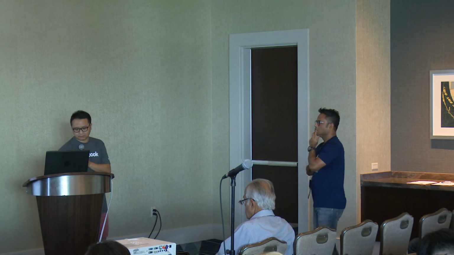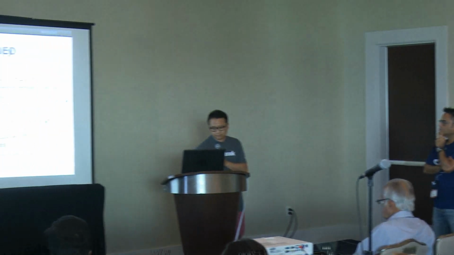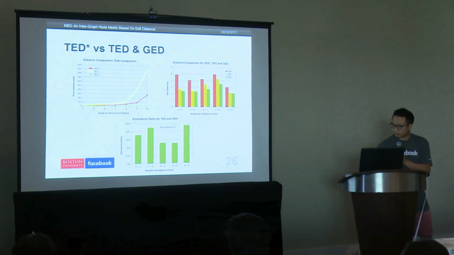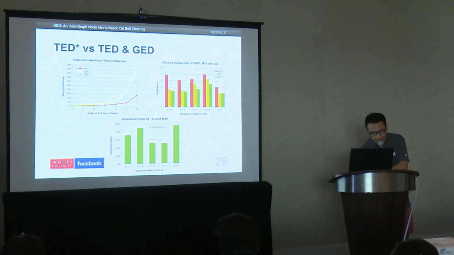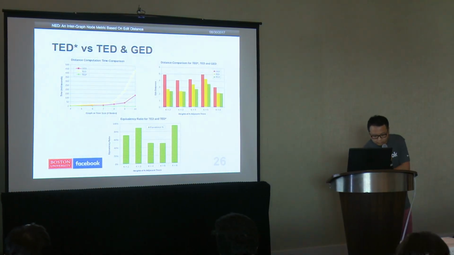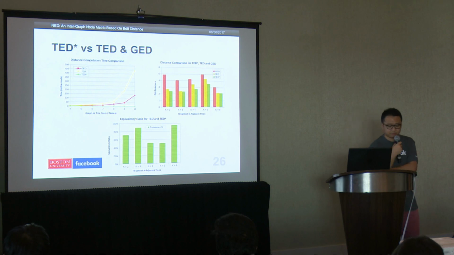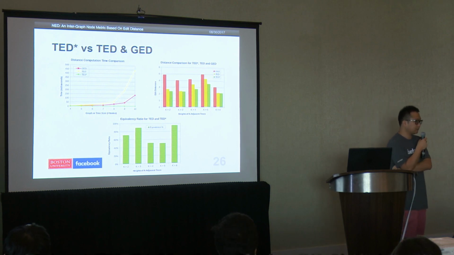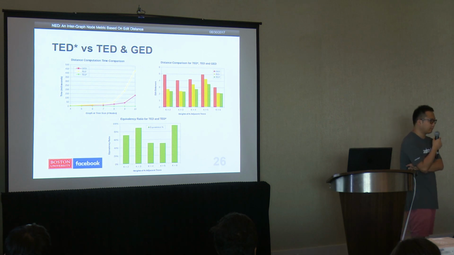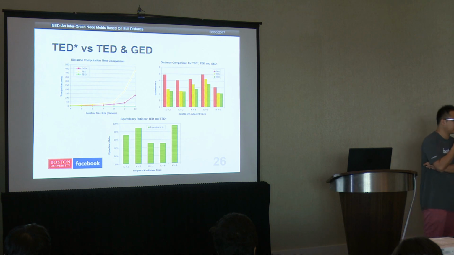So that depends on the level. For k equal to 2 and 3, it could be up to 60% or 80% of cases where it won't happen. But for 3, 4 and 5, there will be more cases, roughly half of them.